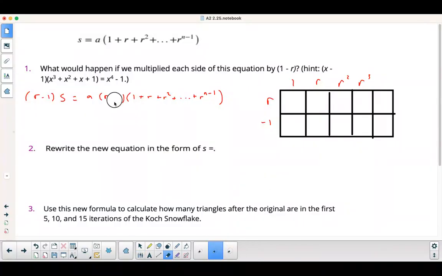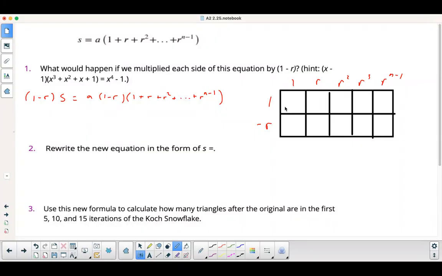I'm so silly. It's 1 minus r. All right, there we go. Sorry. We're going to go all the way up to the r to the n minus 1.